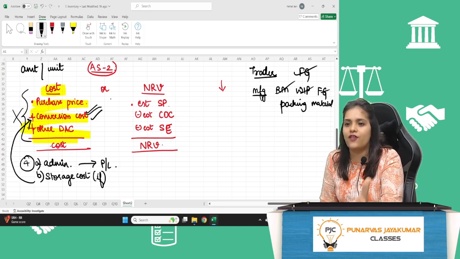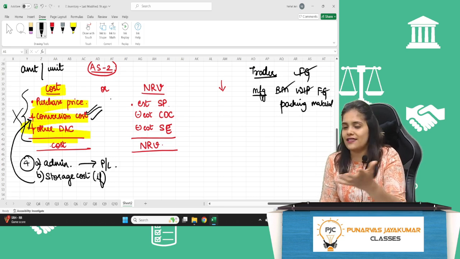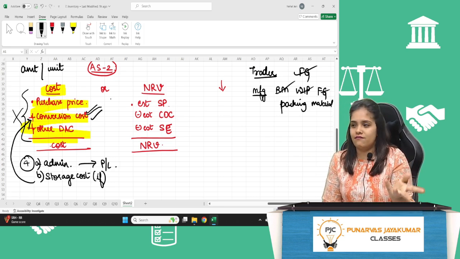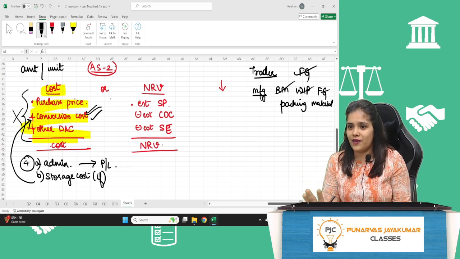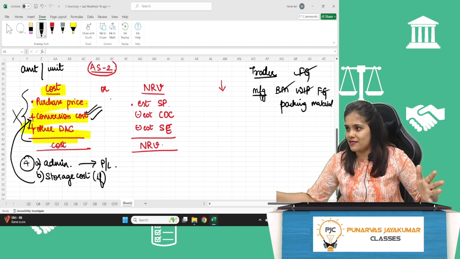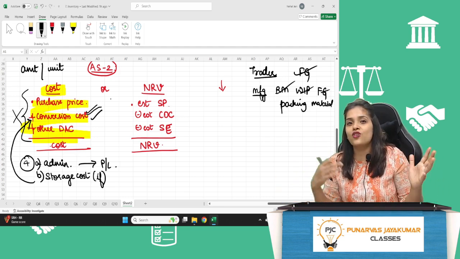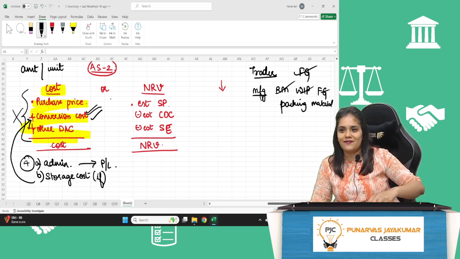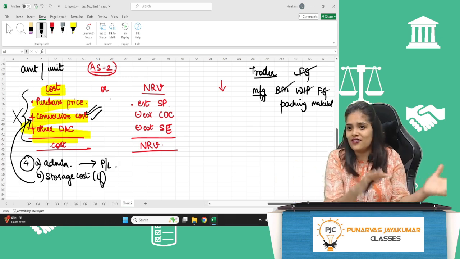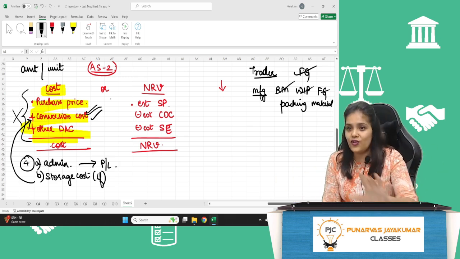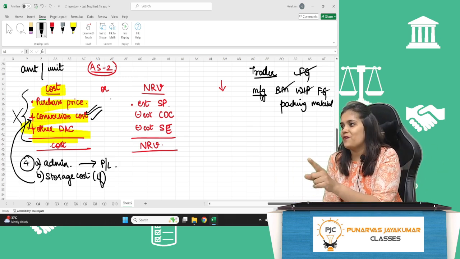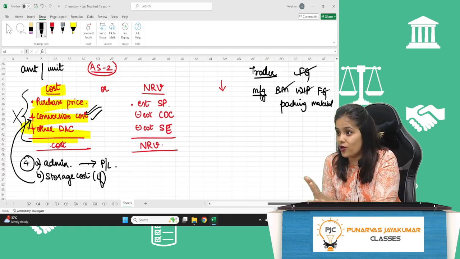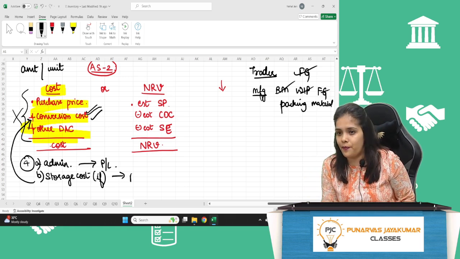Not necessarily, like our cookie. Also, I'll give you one more example. Let's say these Tazo pans. When you manufacture a pan, you don't need to store it for 5-6 years before selling. So storage is not necessary. If you are storing it and have storage charges, then they should go to P&L.